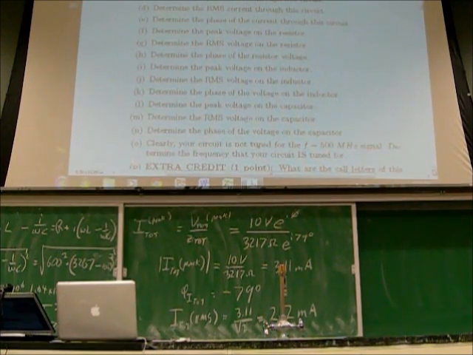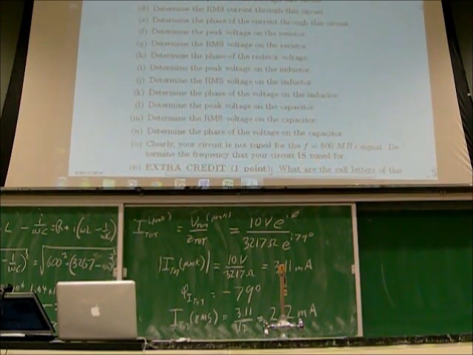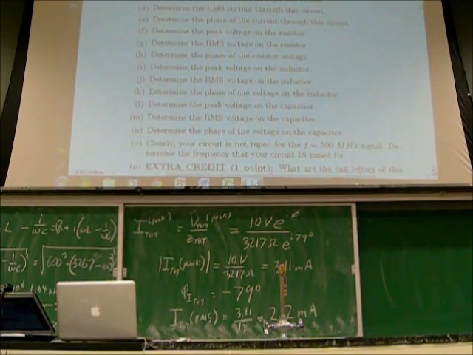Because the circuit is mostly inductor, and inductors are what? Voltage first, then current. So as a result, the inductor overwhelming the properties of the circuit has caused the current to be backed up by 79 degrees as compared to when the power supply pushes. 79 degrees later, the current peaks. Okay?